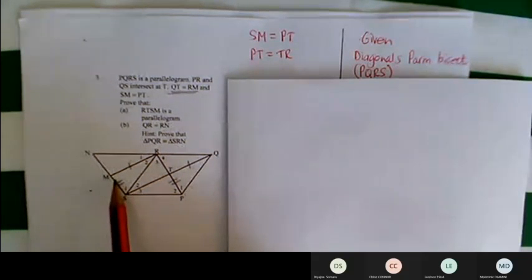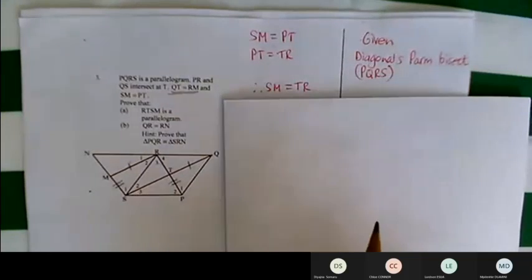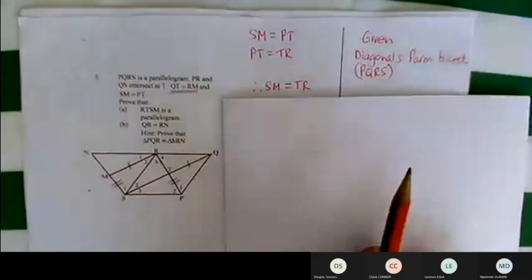SM is equal to TR. We know that. SM is now equal to TR. Okay, that's our conclusion. SM is equal to TR.